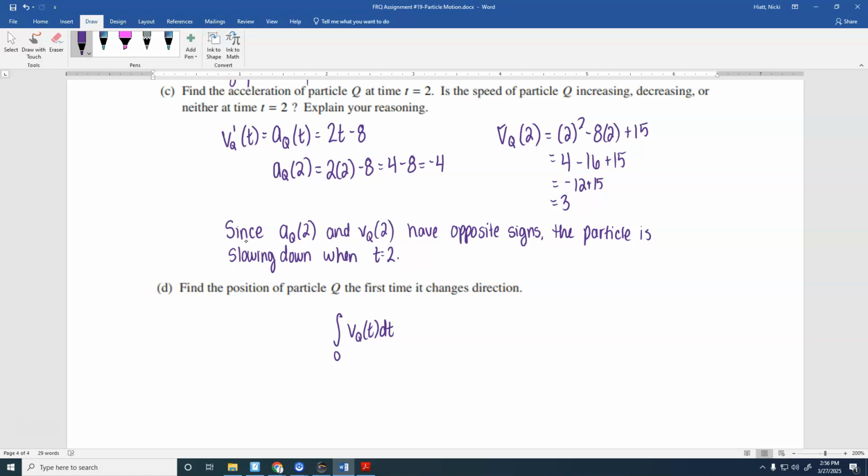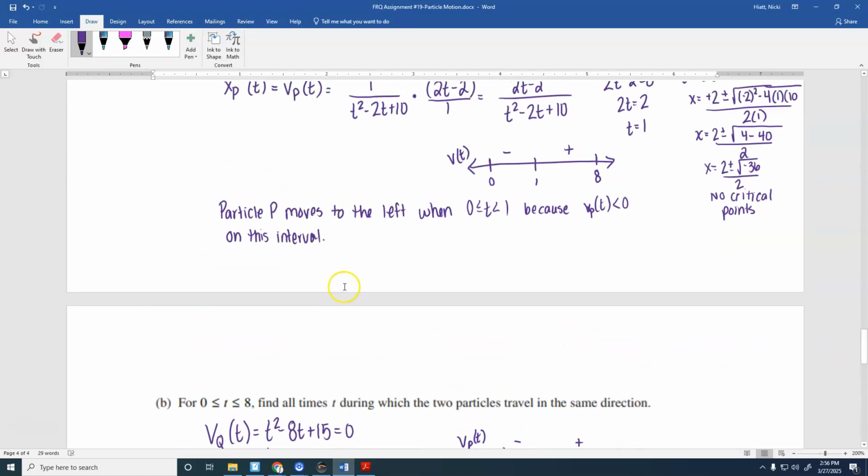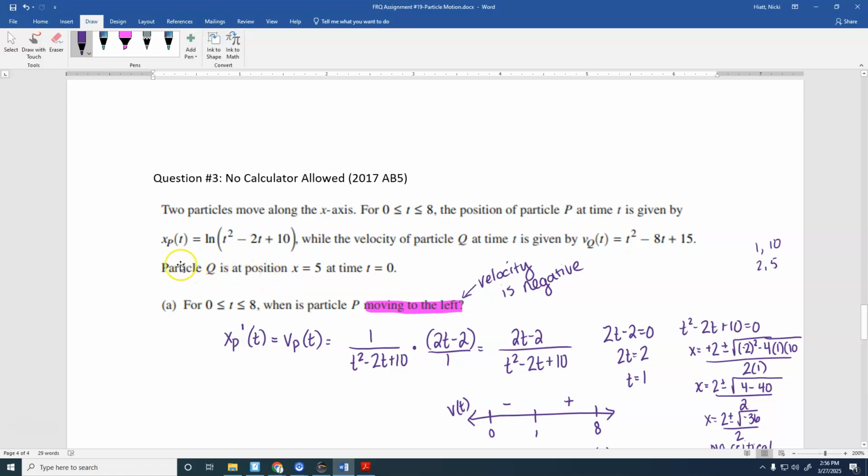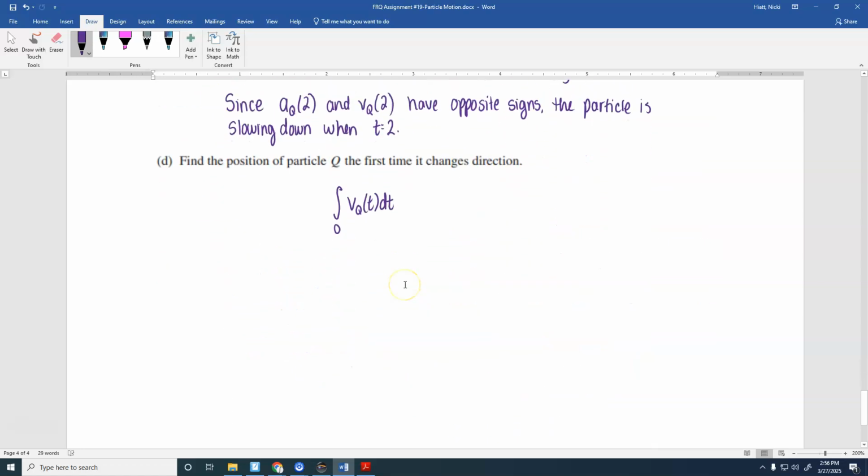Because maybe it started at 0, 0, and then my displacement is whatever my position is. But it might have started at 7, or it might have started at -2. So we have to know where we're starting from. So I think they tell us up here in the beginning of the problem that particle Q is at position x equals 5 at time t equals 0. So the starting place for this particle is 5.